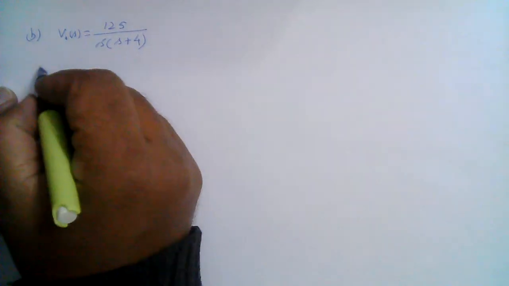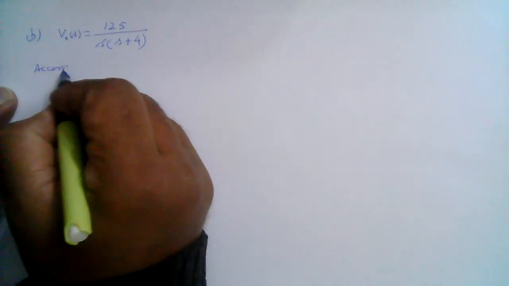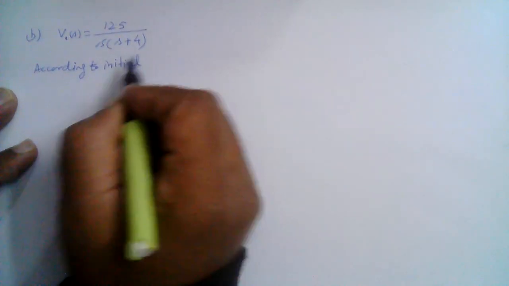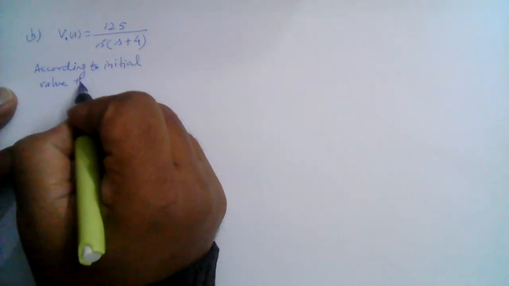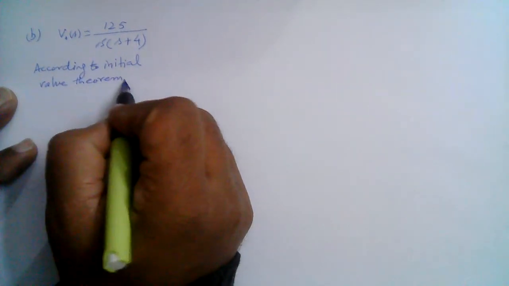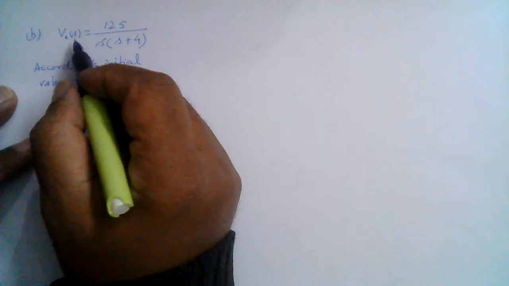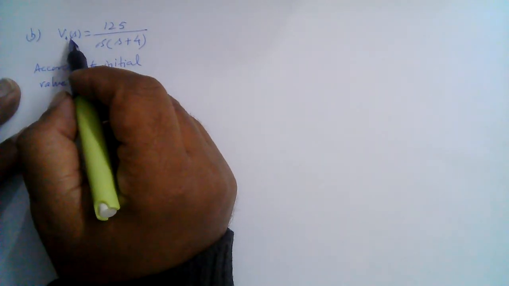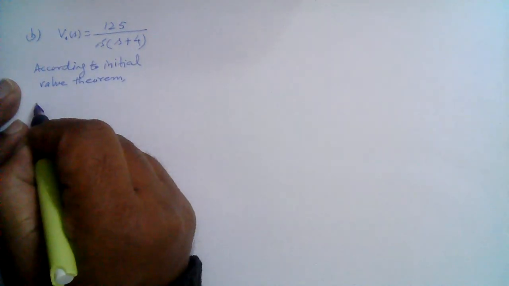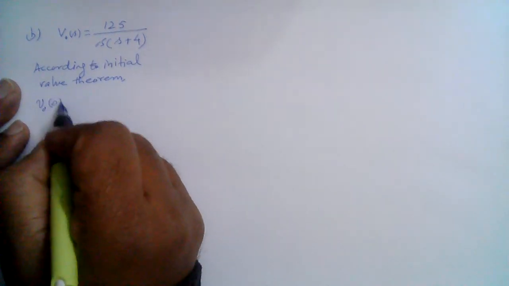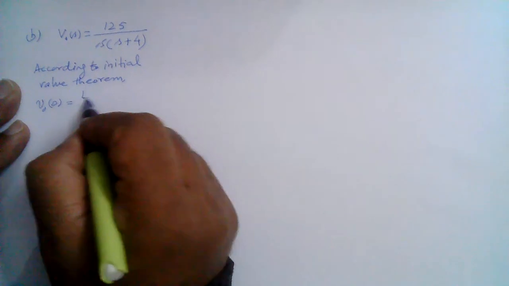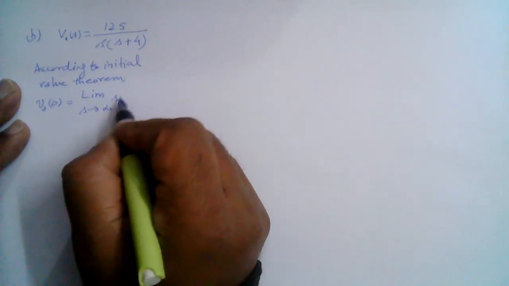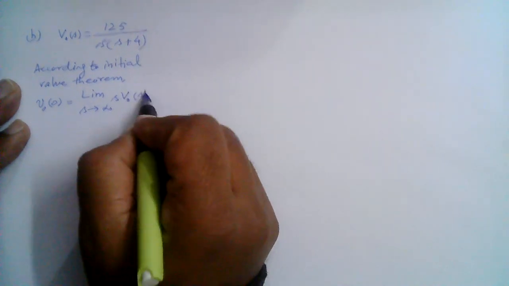According to the initial value theorem, the value of the inverse Laplace transform V naught t at time t equals 0 is given by this limit: limit S tends to infinity of S multiplied by V naught S, right.